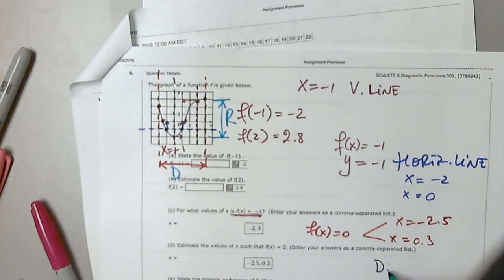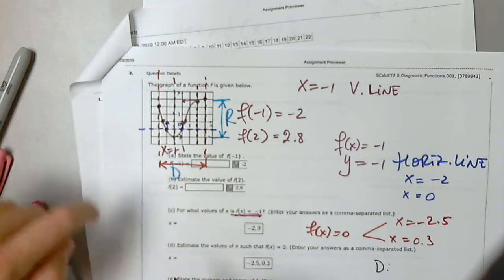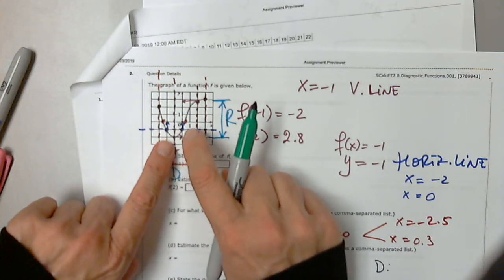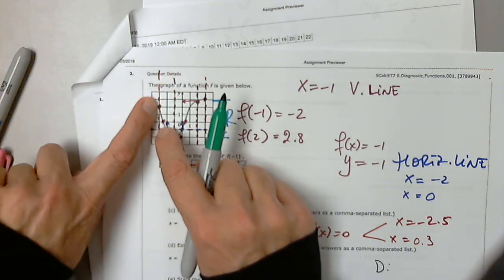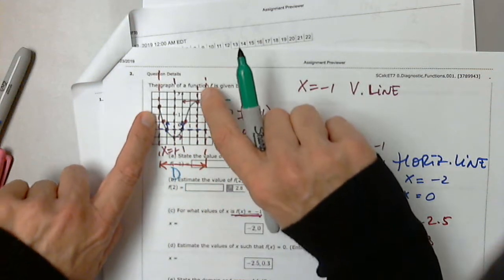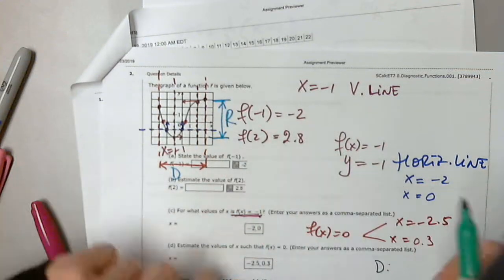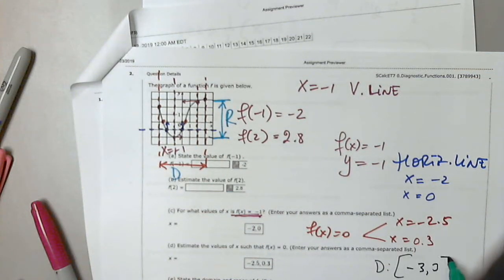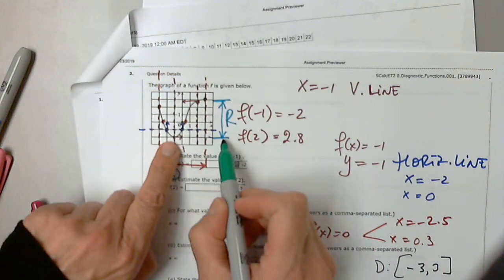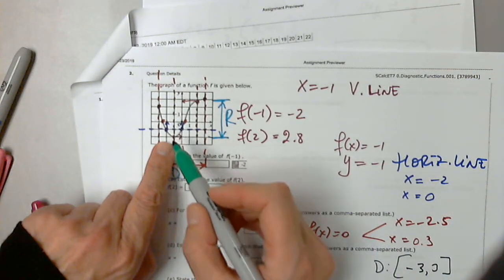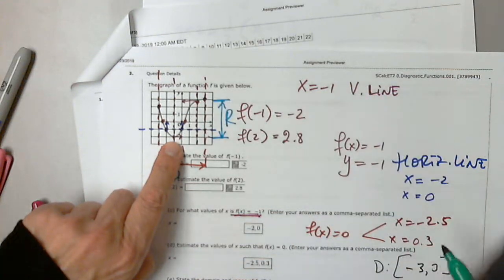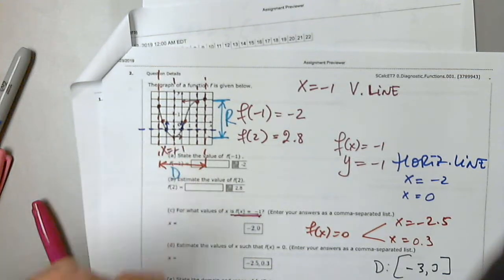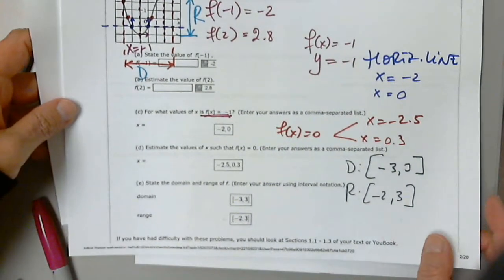So if this is 0, -1, -2, -3, so it's between -3 and 3, very good, with brackets. And the minimum value is at -2, appears to be, and it goes up to 1, 2, 3. So I will write -2 to 3. Is this okay? Any questions?